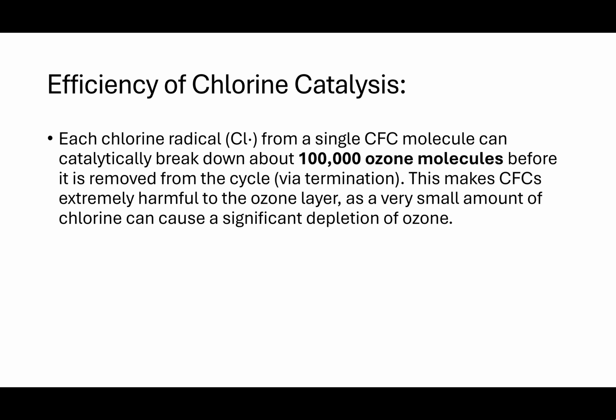Each chlorine radical from a single CFC molecule can catalytically break down 100,000 ozone molecules before it is removed from the cycle via termination. This makes CFCs extremely harmful to the ozone layer, as a very small amount of chlorine can cause a significant depletion of ozone.